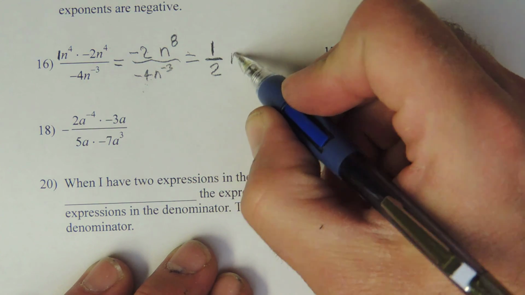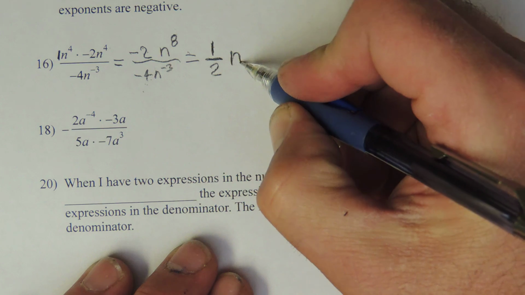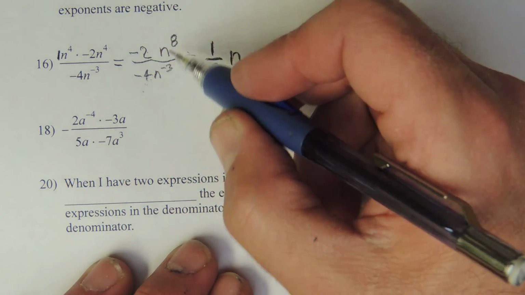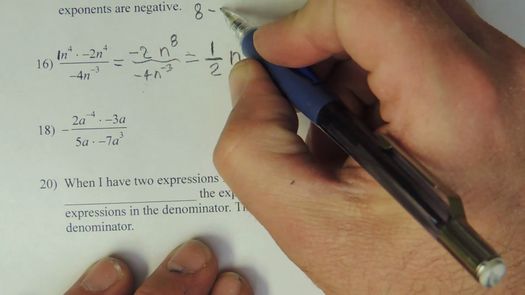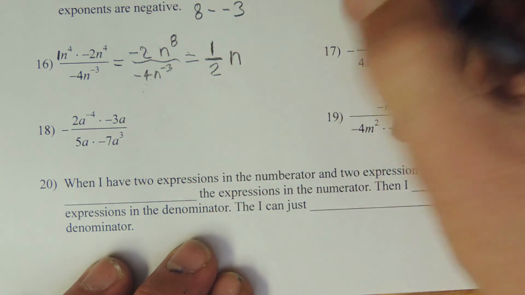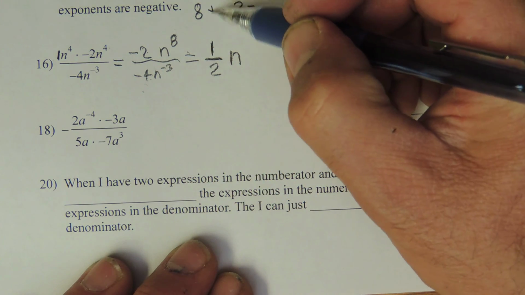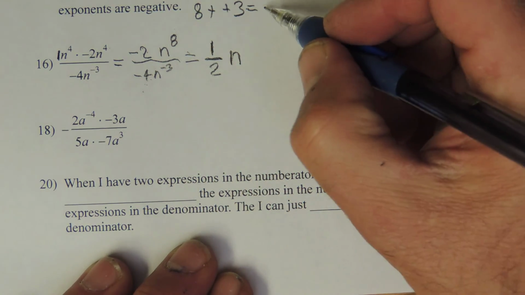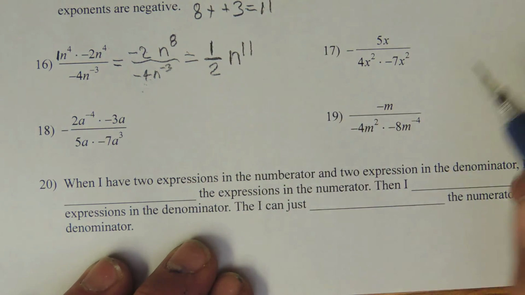And then I'll do times n. But I have to do 8 minus a -3 to get my exponents. And I wrote it out that way so you can see we're subtracting a negative. That's the same as adding a positive. That gives me 11. I have n to the 11th power.